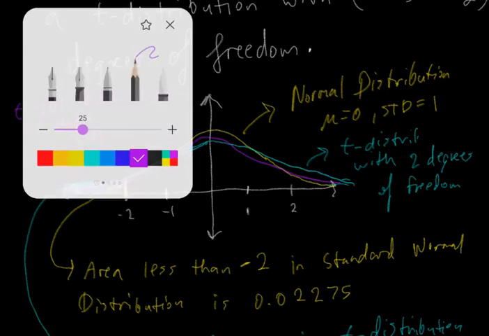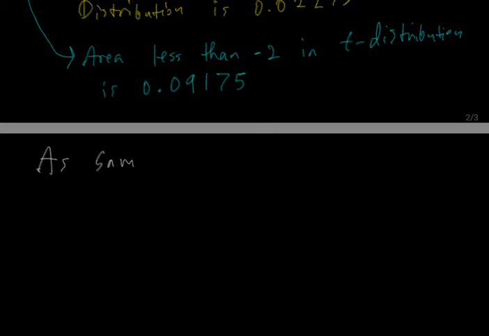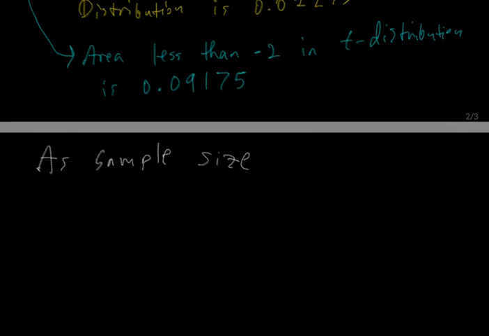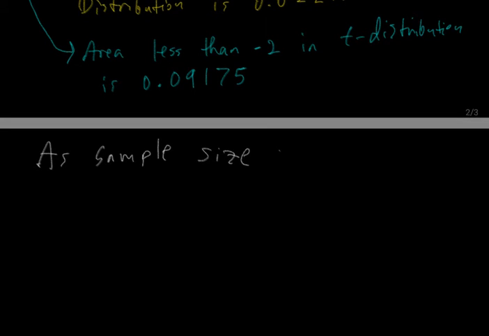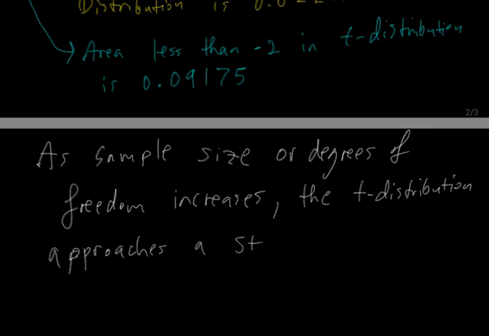And so I'm going to write that as sample size or degrees of freedom increases, the t distribution approaches a standard normal distribution.